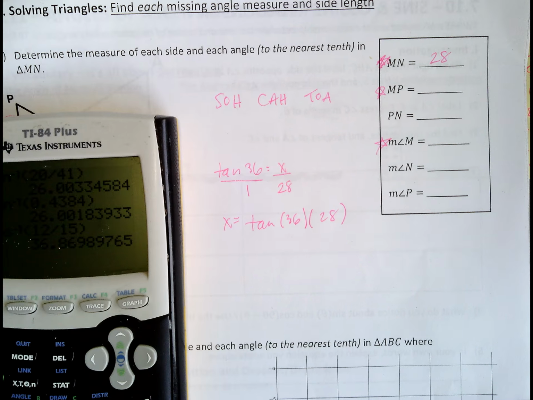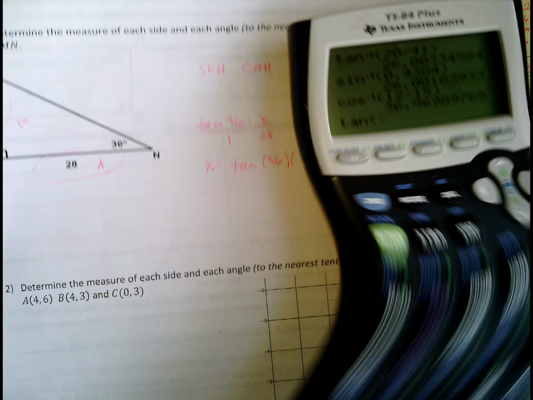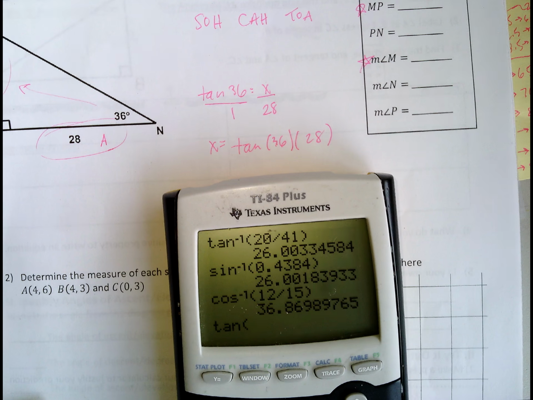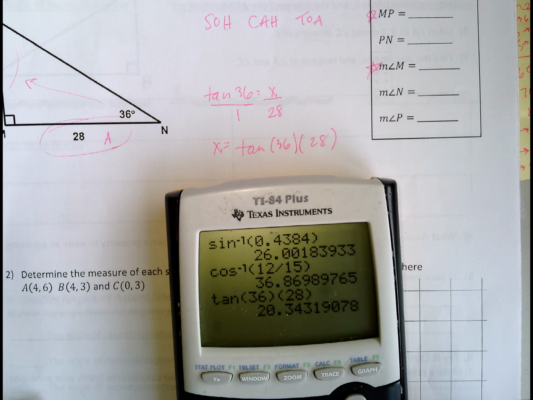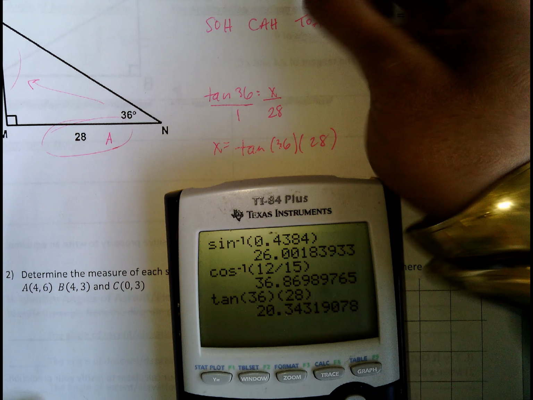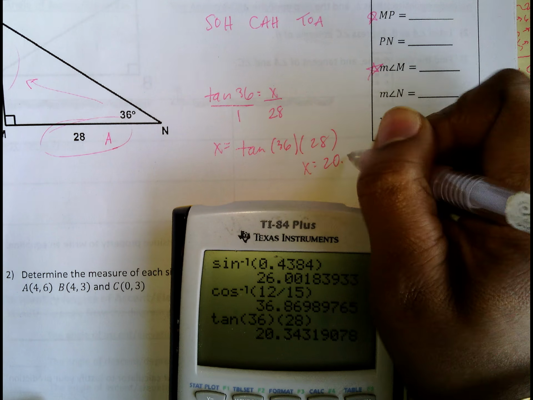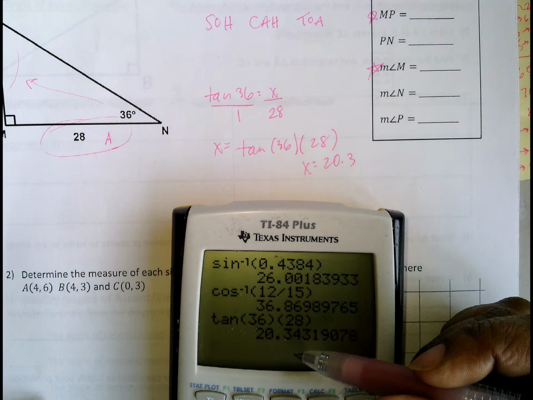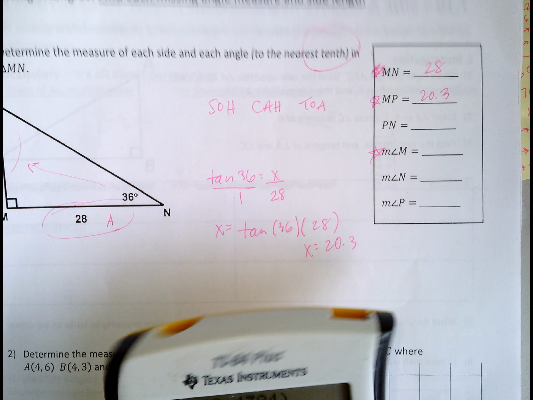Tangent, regular function, not the inverse trig function. Tangent of 36 times 28. And that's going to give me 20.3, and they want the nearest tenth. So x is equal to 20.3. That means that MP is 20.3 units in length.